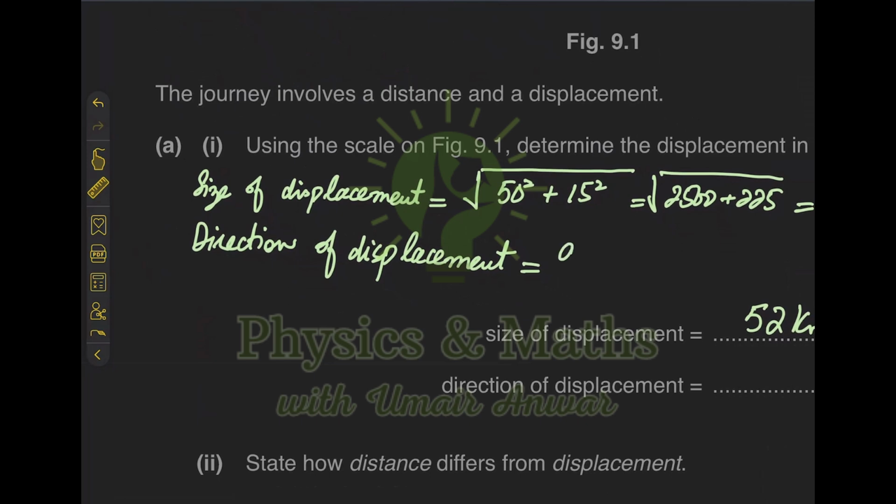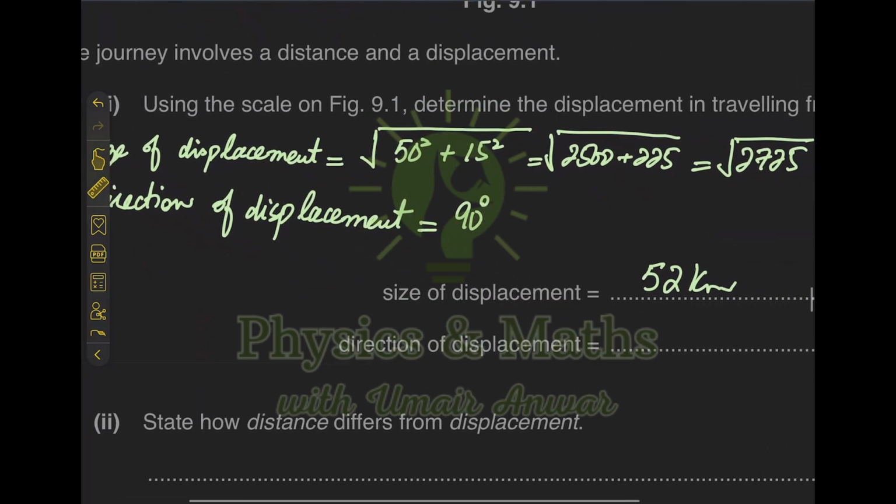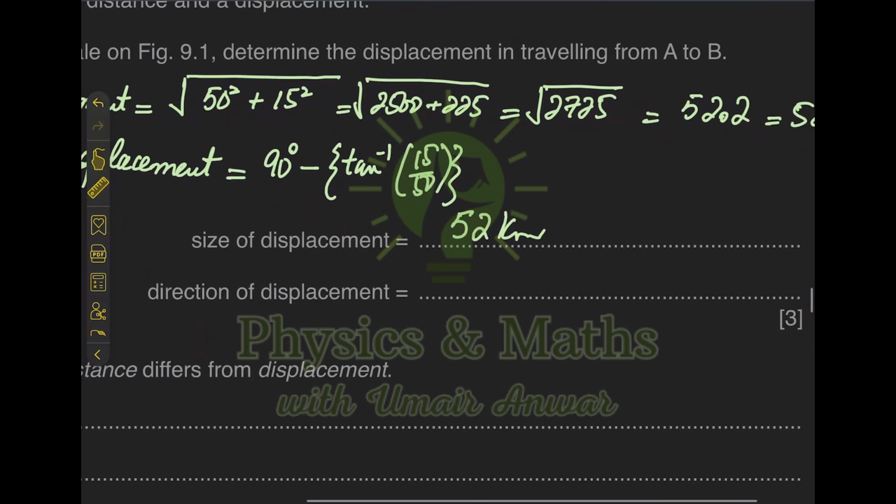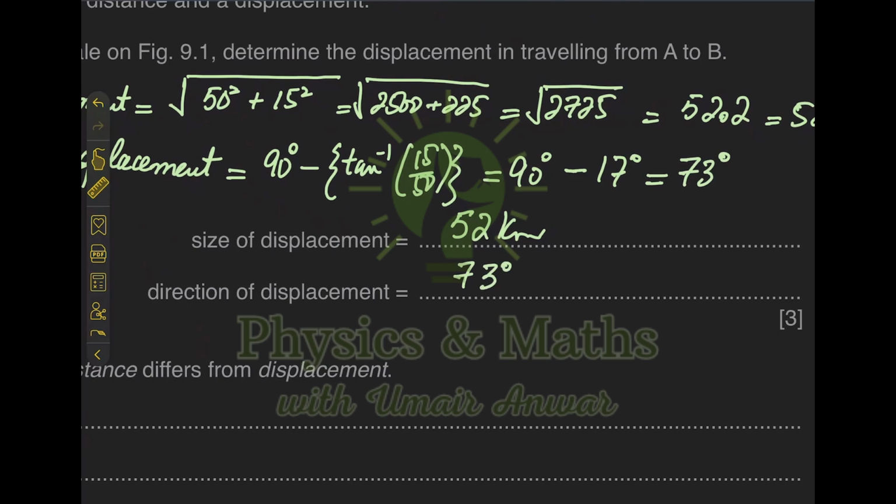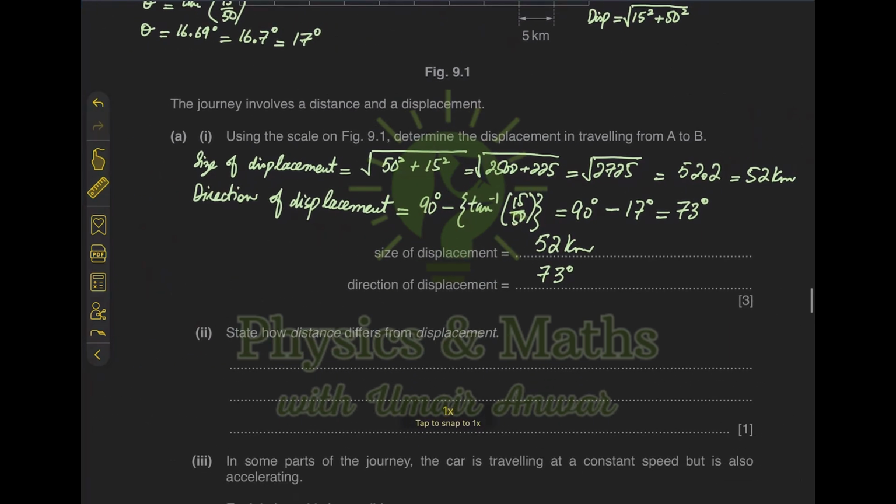So I'm writing it is 90 degrees minus the tan inverse of 15 upon 50, which we got as 17 degrees. So 90 minus 17 degrees gives us the value of 73 degrees. So the direction of displacement is going to be 73 degrees here for this part.